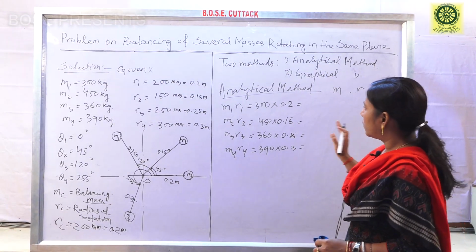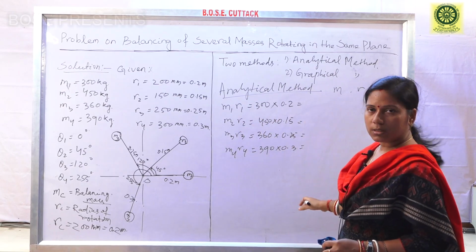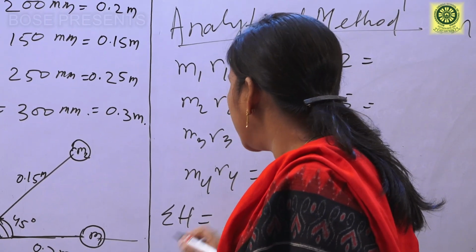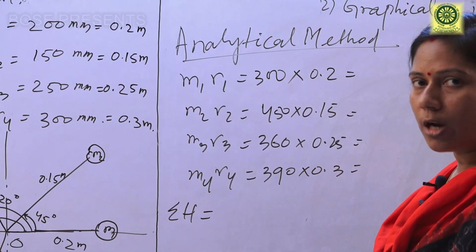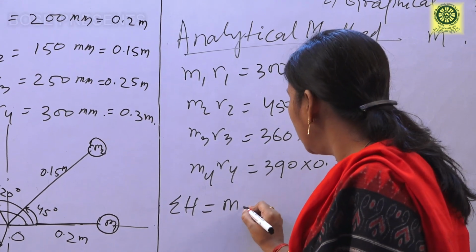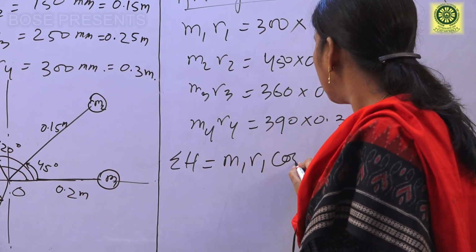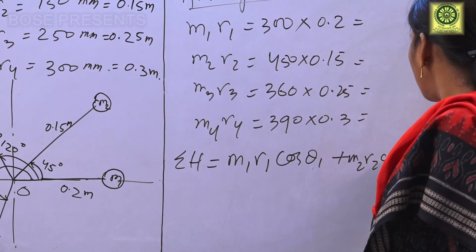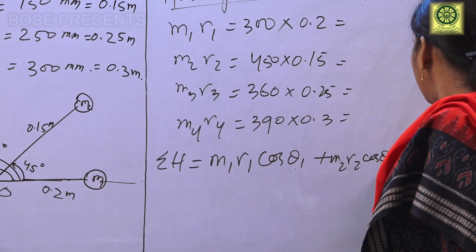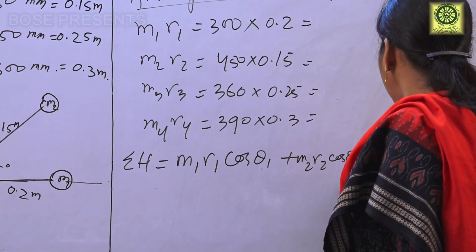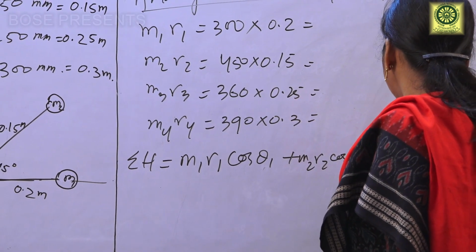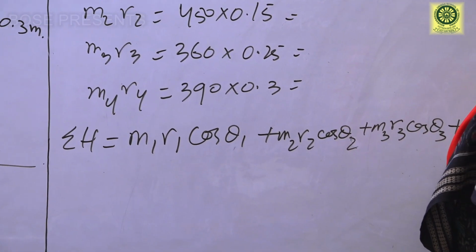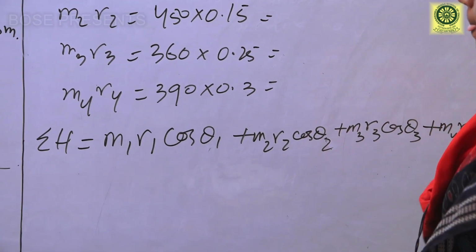So after getting all these values, you have to find out the summation of the horizontal components. So what is the formula? M1 R1 cos theta 1 plus M2 R2 cos theta 2 plus M3 R3 cos theta 3 plus M4 R4 cos theta 4.